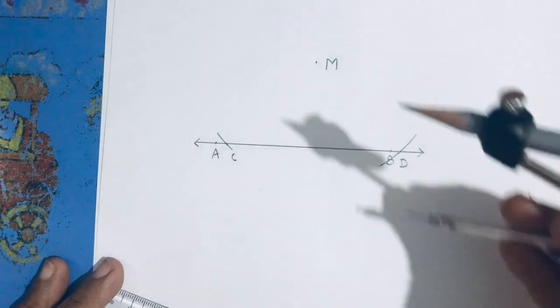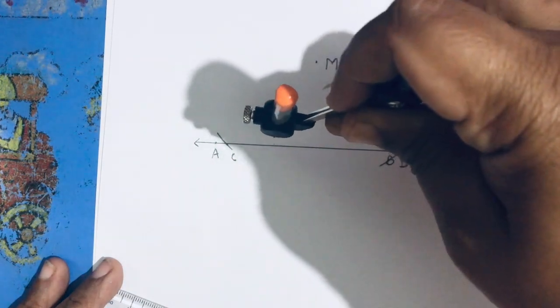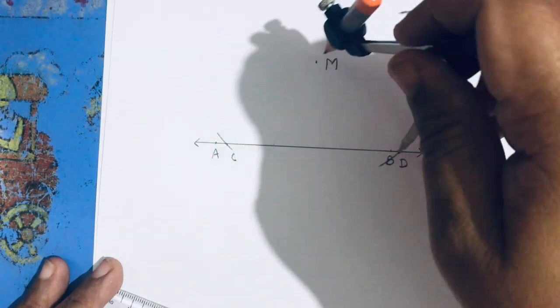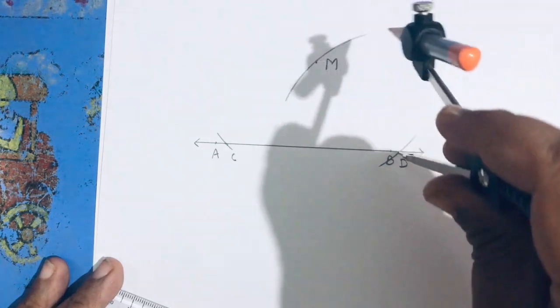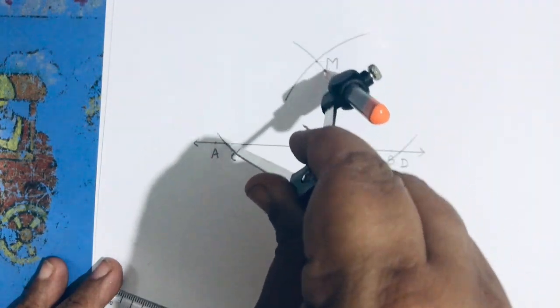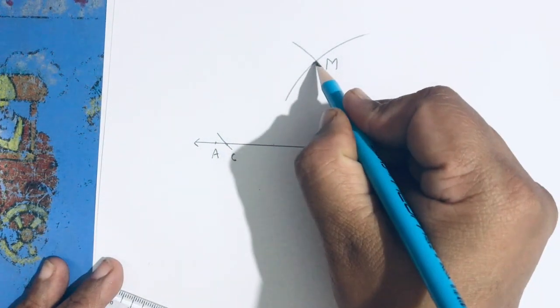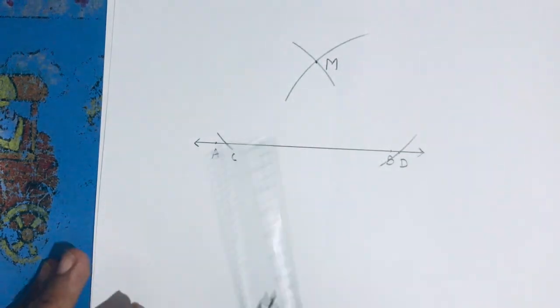Now take more than half distance of CD. See, this is more than half distance. You can draw arc. Both are intersecting at this point.